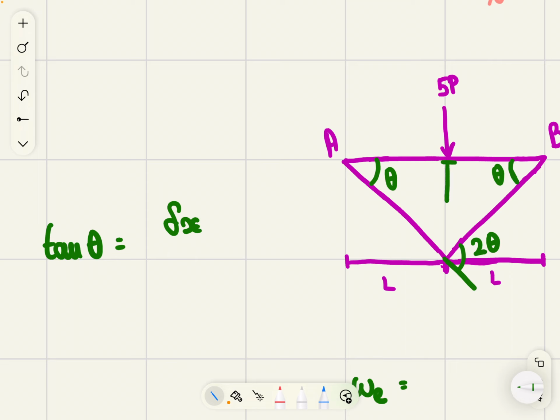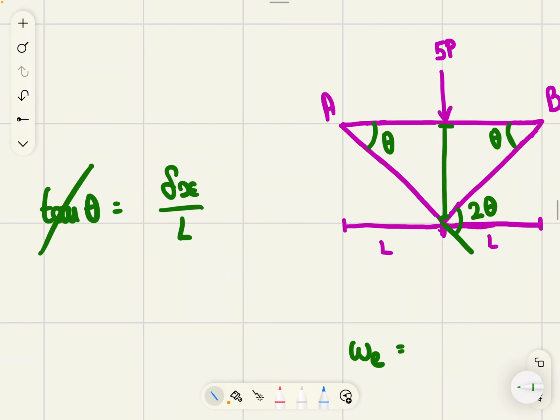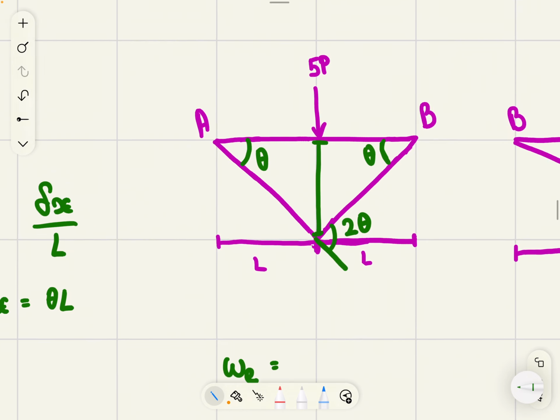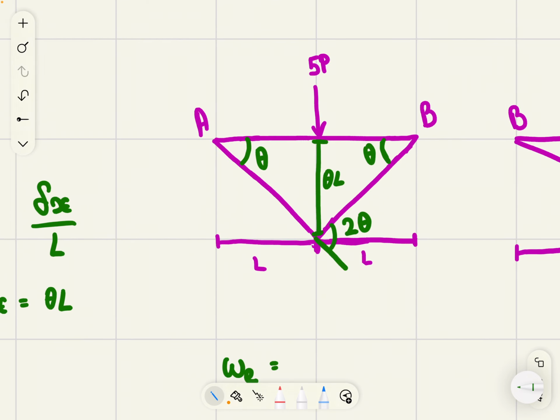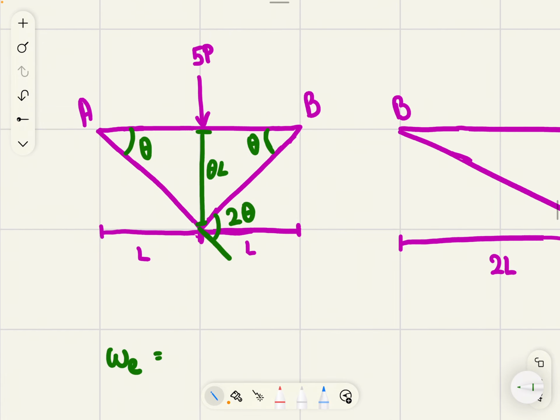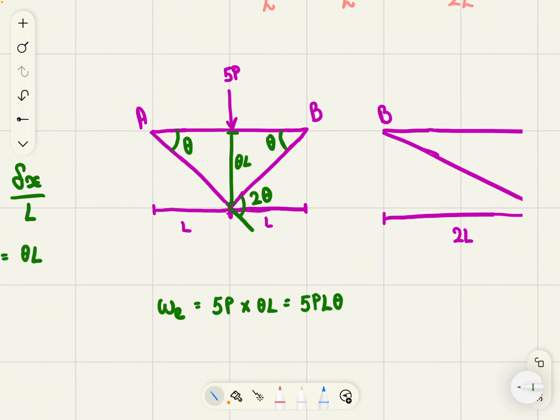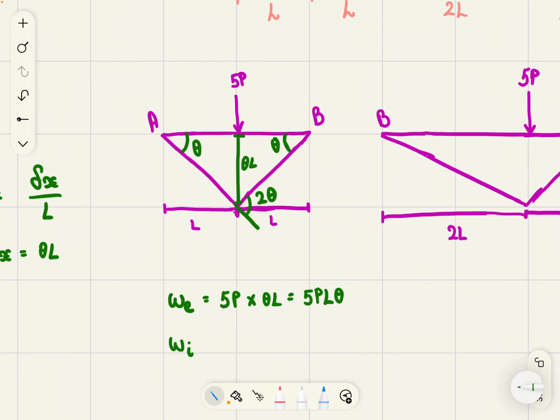Tan theta is dx, basically this length, dx, over L. We're assuming small angle approximations, so now we can simply rearrange in terms of dx being theta L. So this length is theta L. Now we can find the external work, so the force 5P times displacement theta L, we get 5PL theta.